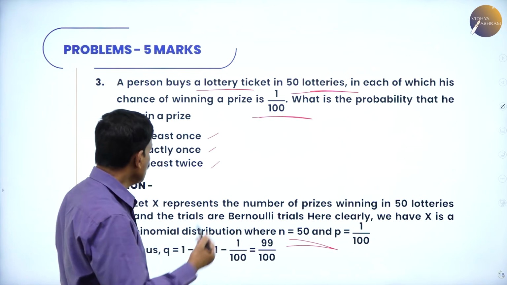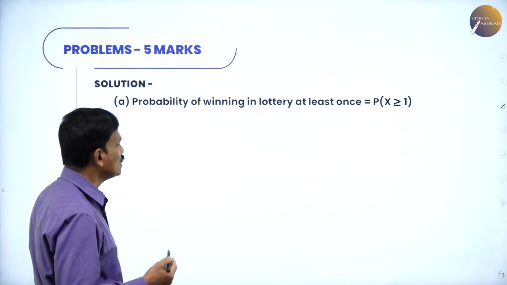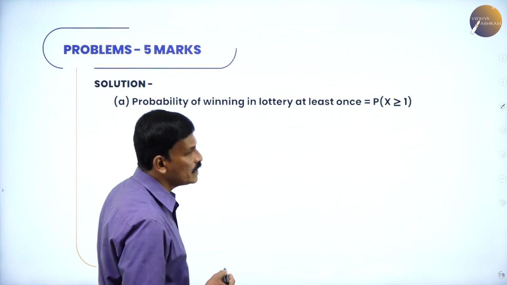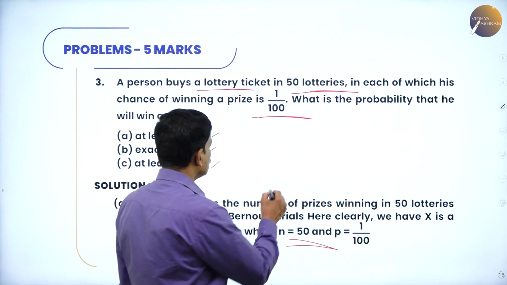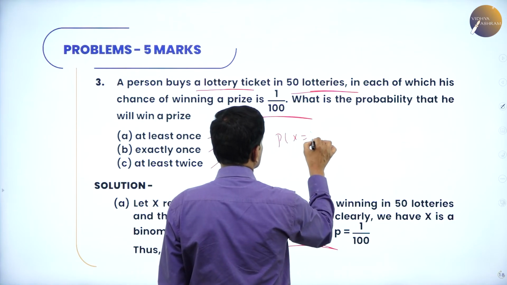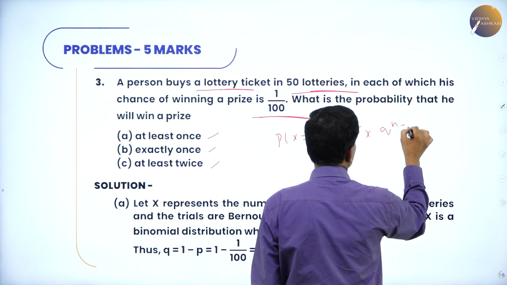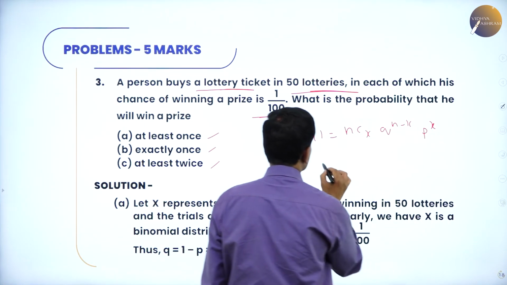Okay. Now, let us write down the condition. Before that, let us write P of x is equal to x, which is nCx q to the power of n minus x into p to the power of x. What is n?